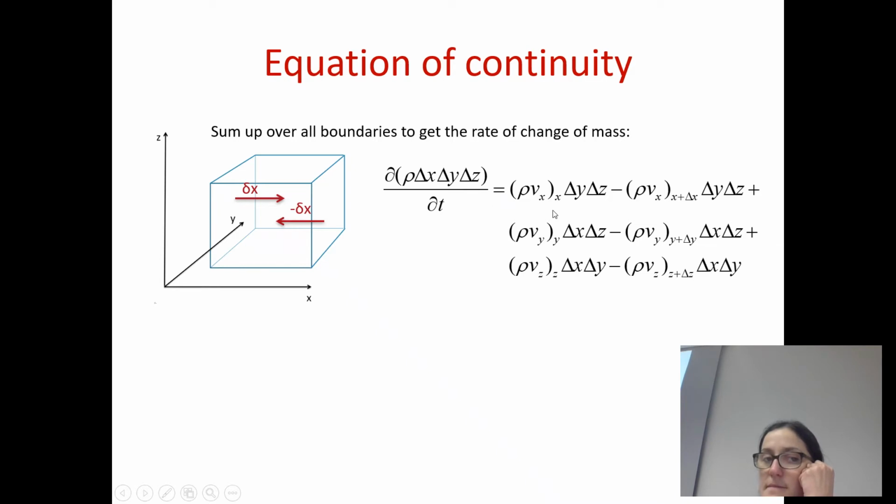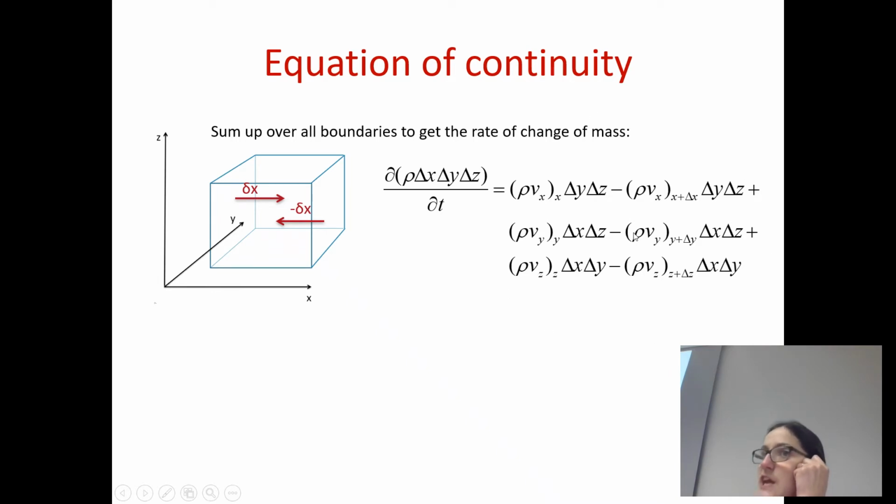That's basically the momentary change of mass, rho times volume. Yes, so this is mass. Density times volume, dm dt, is equal to what's coming through the sides.